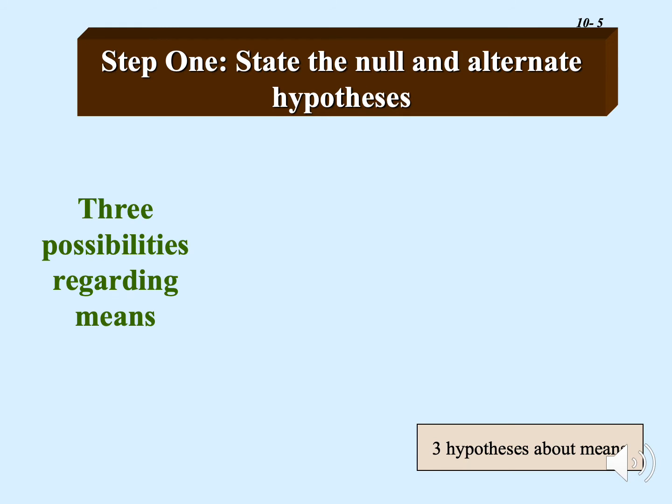Okay, so there are 3 hypotheses about means. So 3 possibilities regarding hypotheses on means. The first one is H0, the null hypothesis. H1 is the alternative hypothesis. So the null hypothesis, as I told you a while ago, is a statement of no significant difference, no significant relationship, or no predictor.